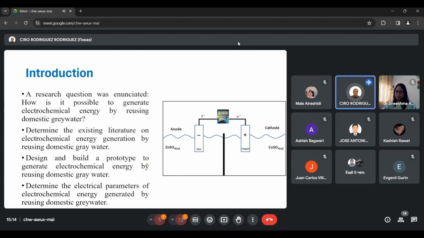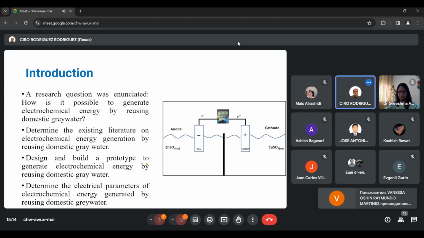So to know how this process is working, we just use the basic concept of a battery, where we have the anode and cathode, and it's an aqueous solution with zinc and copper. So the objective is to measure the electrodes to get energy, the voltage generated by this process.